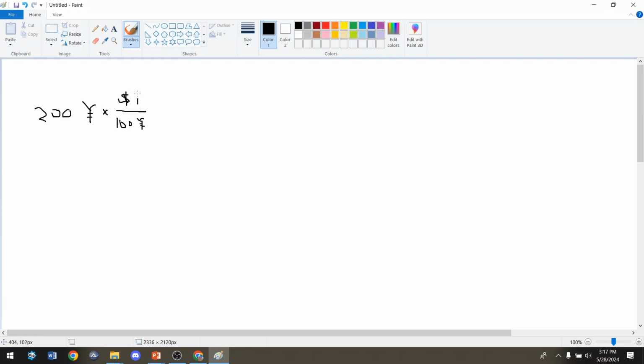If you took high school chemistry, this is very similar. I can cancel out the yen units, and I get a new result: 200 divided by 100 is $2.